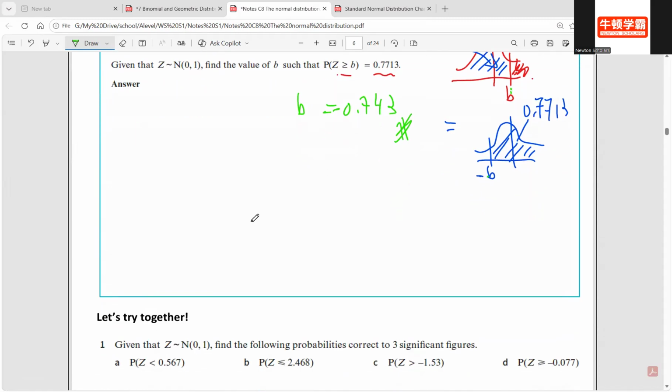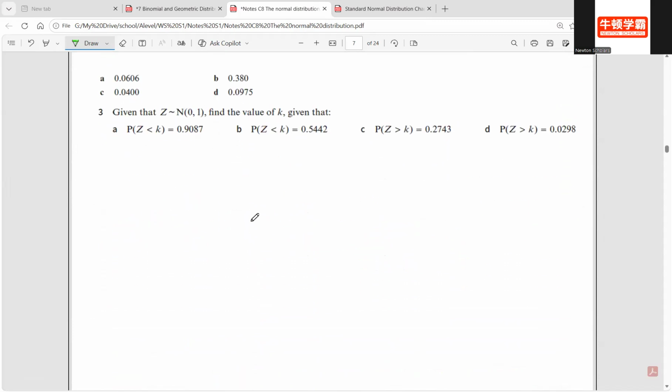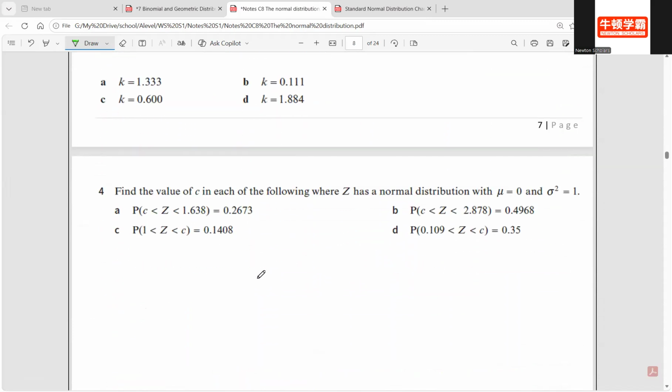Now we look at here because some student is asking about this one: how to find the C. I just show you one, and the rest you can do on your own. This one is 0.2673, meaning that it cannot be more than here.